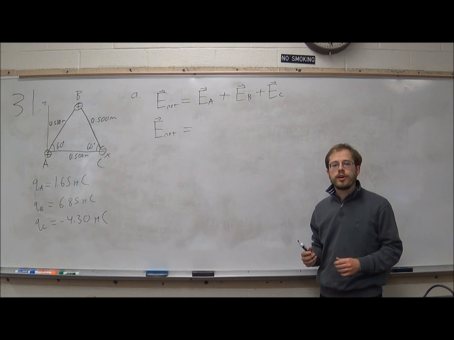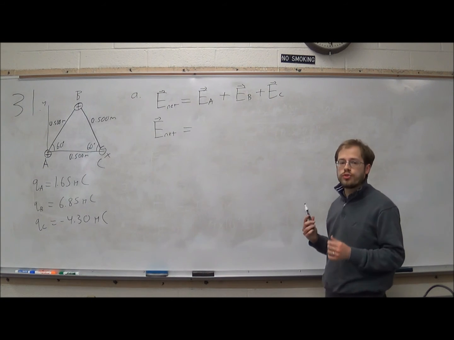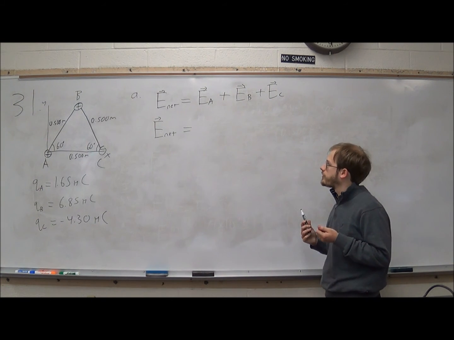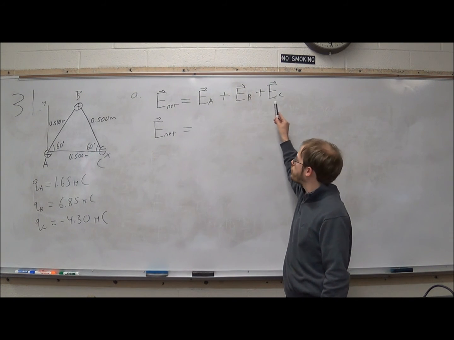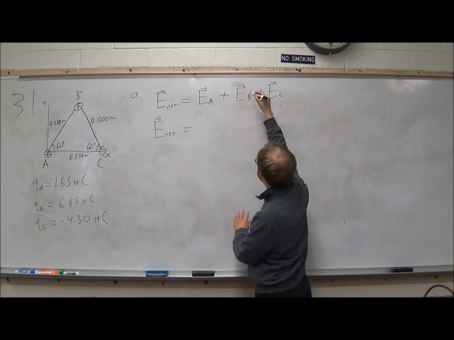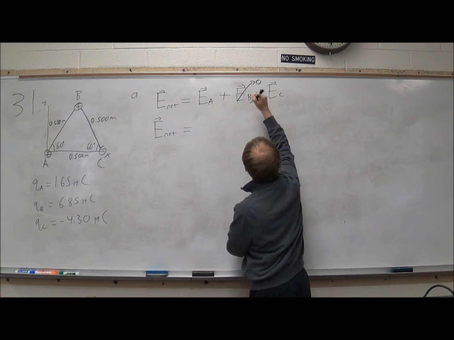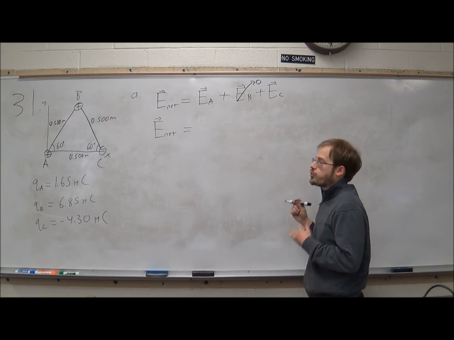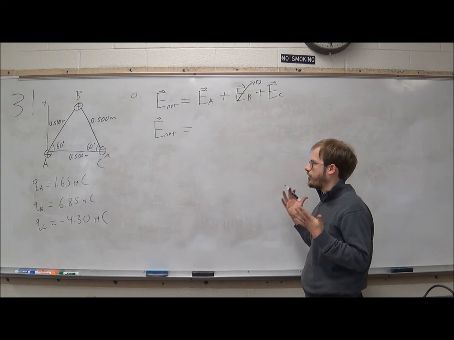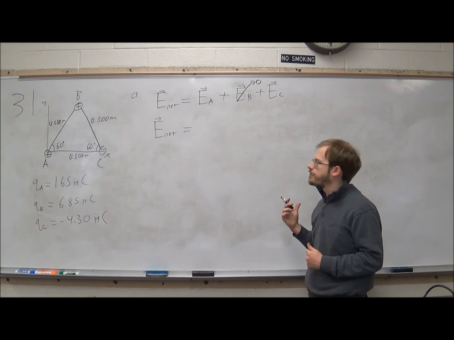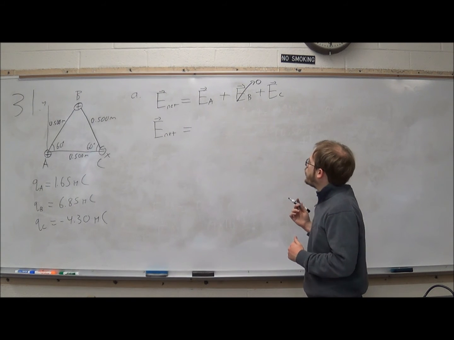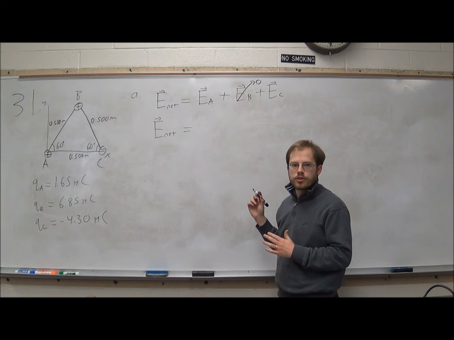All right, let's figure out the net magnitude and direction of this electric field. So the net electric field is equal to the individual contributions from each charge. Again, we have discovered that the electric field contribution from B is 0, because it's sitting right there, so there is no electric field from B at point B. So let's add up these individual contributions.